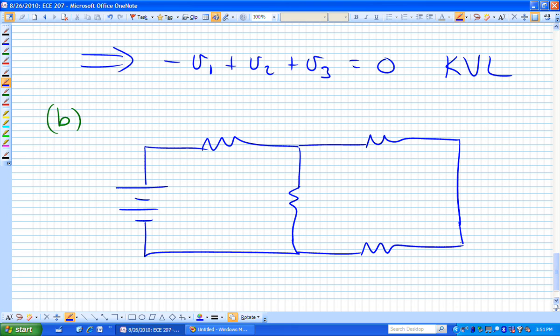Suppose we're given that circuit. That's actually an all-resistive circuit. That's Chapter 2, sort of, but we are learning KVL. In that sense, it's Chapter 1 material.